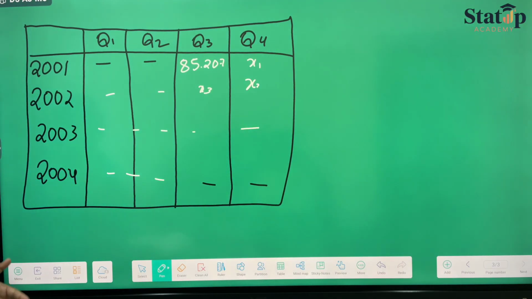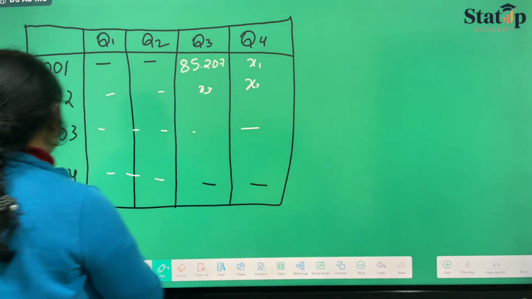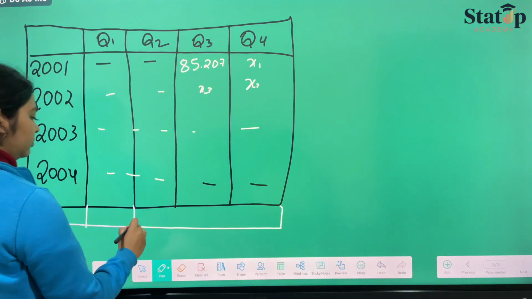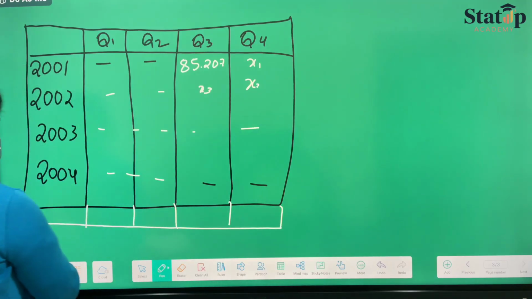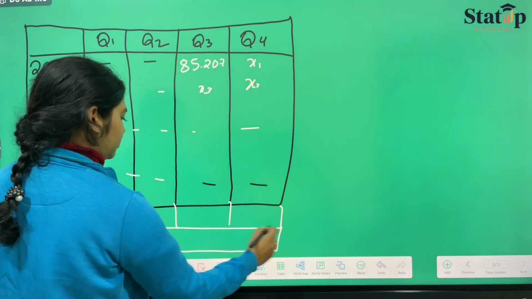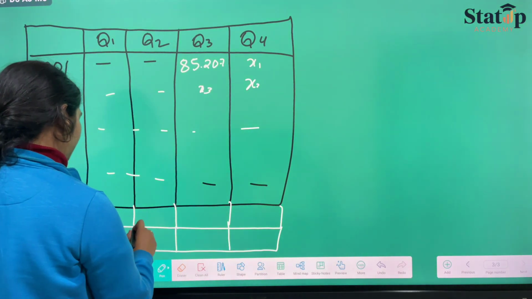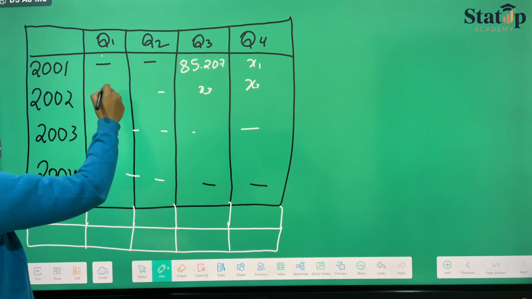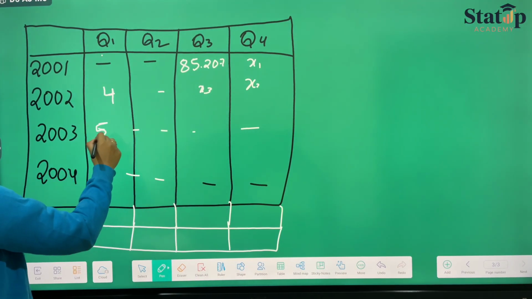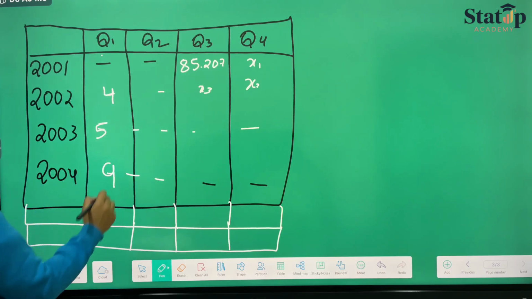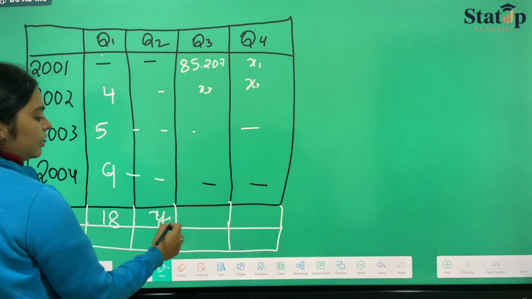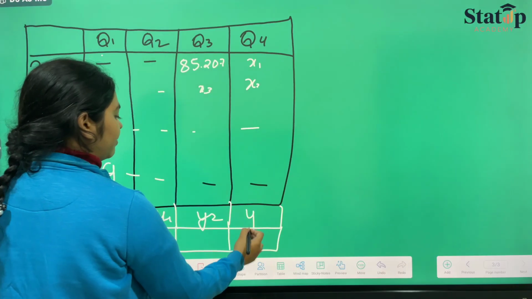So we'll calculate the total of these values. First of all, we'll calculate the total here. Suppose here it has been 4, here it has been 5, and here it has been 9. So the total would be 18. Suppose here it is y1, here it is y2, and here it is y3.